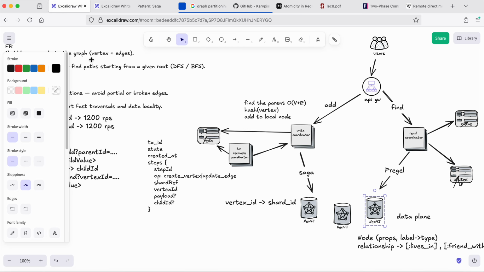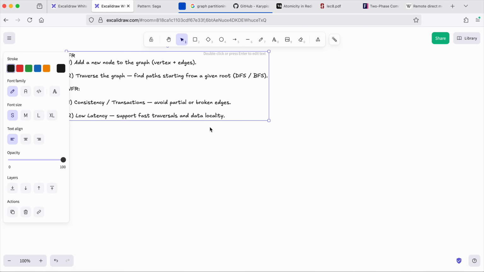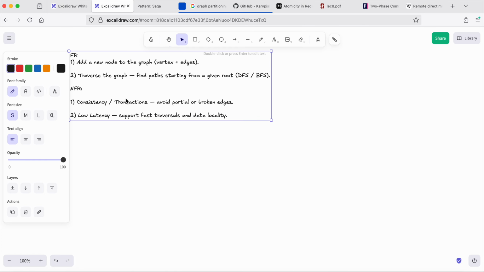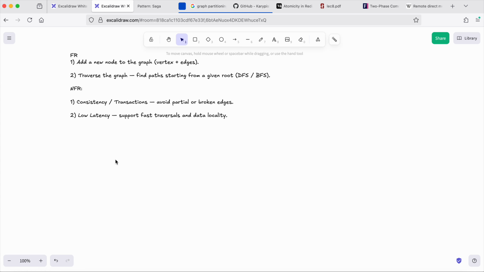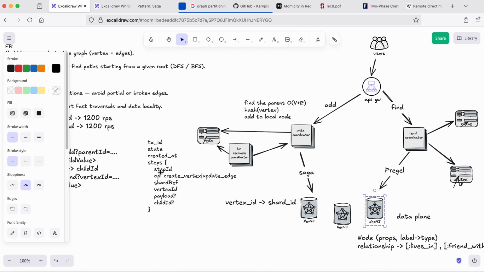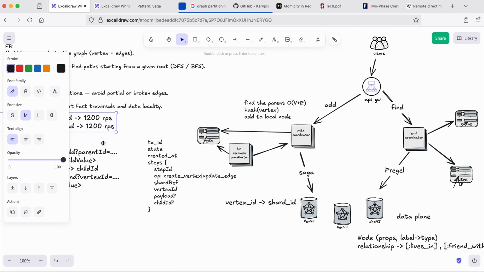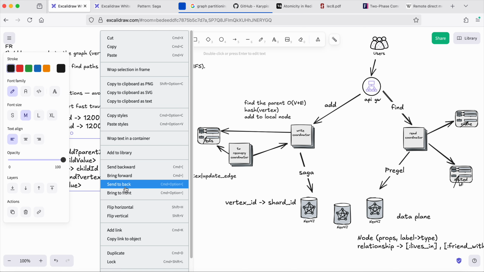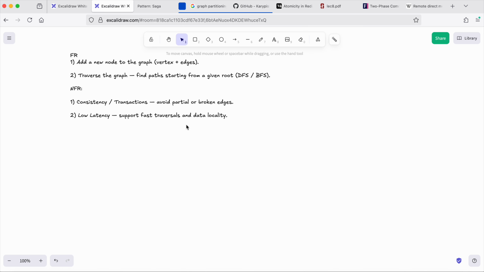We still have the same functional requirements, so I would like to avoid copying these calculations. Let's copy our API.